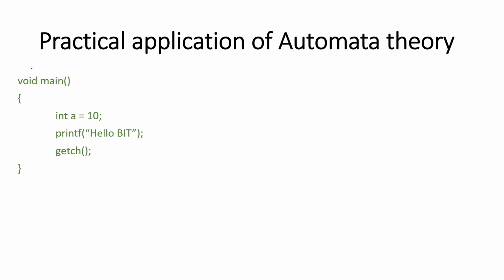Now, if this program is to be input to the compiler, how does it go as an input? Always remember one thing, the compiler doesn't accept the program in the same way as you have written. The first job of the compiler is to make this particular program of a number of lines into a single length string, a single line string.